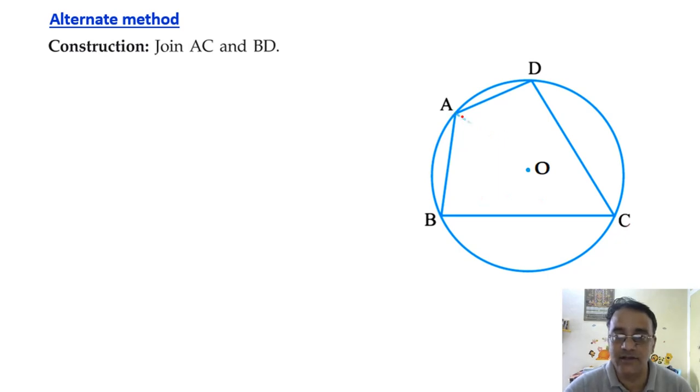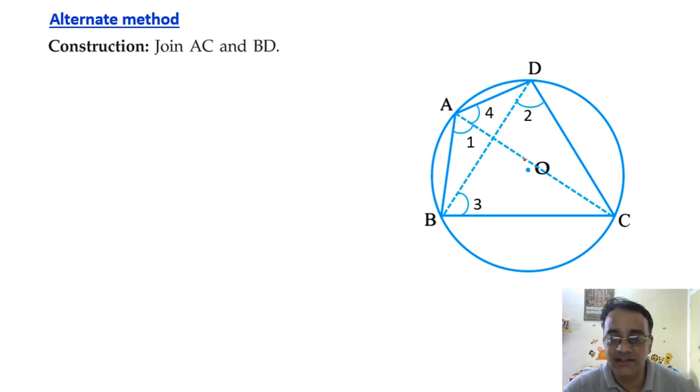So first we will join AC, then we will join BD. Okay, what about these two angles? Okay, we'll discuss later. So सबको mark कर लेते हैं. पहले इसको angle 1 ले लेते हैं, इसको angle 2 ले लेते हैं, इसको angle 3 ले लेते हैं और इसको angle 4 ले लेते हैं. Right? Now what about angle 1 and angle 2?